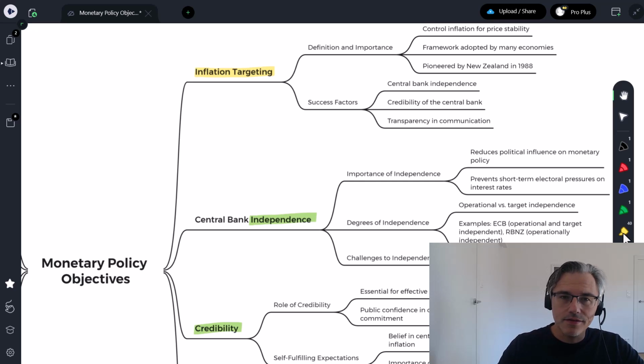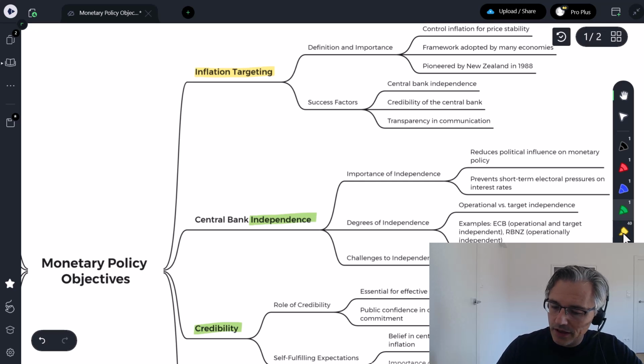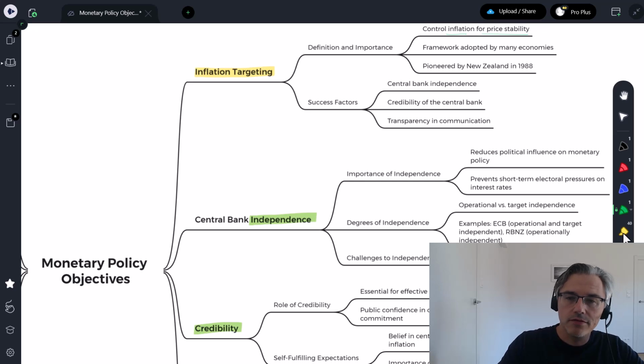This is a concept that became quite popular in the 1990s. It came to the forefront of central bank objectives, and the idea was to try and control inflation, and of course, by virtue of that, maintain price stability.